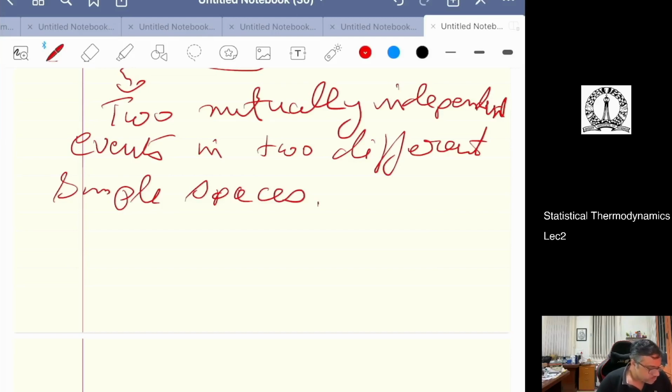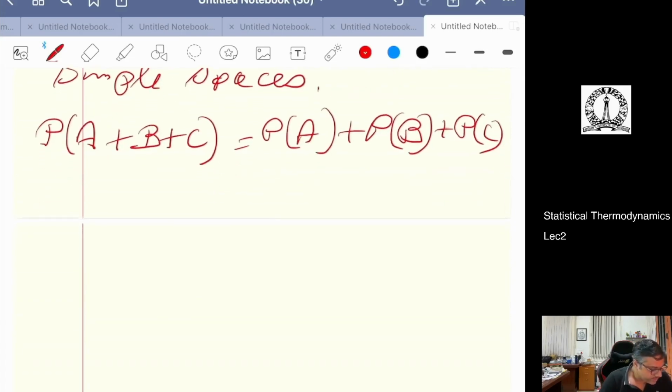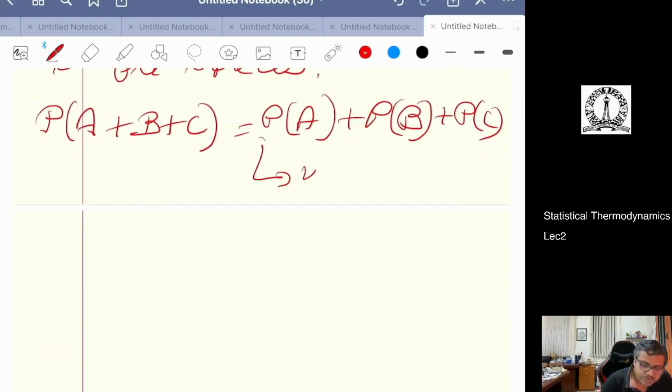Okay. So when we talk about P of A plus B plus C, it means PA plus PB plus PC. These are what we call mutually exclusive events. These are mutually exclusive in nature.